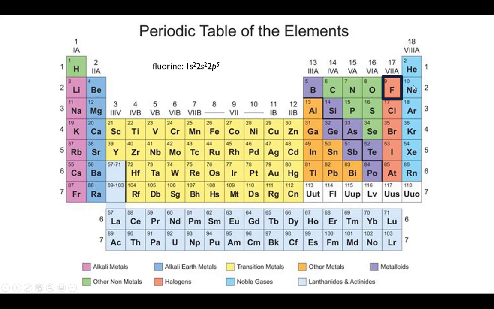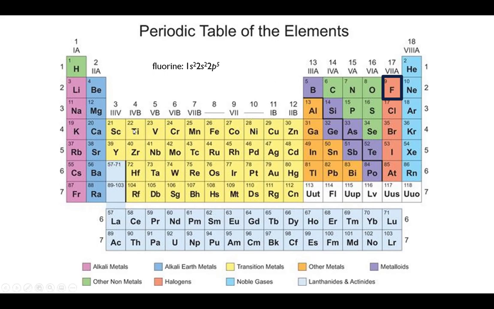Then here we're at the 2p's, so 2p, 1, 2, 3, 4, 5: 2p5. Make sure that you're writing it down exactly as you see here, with the numbers superscripted for the electrons.